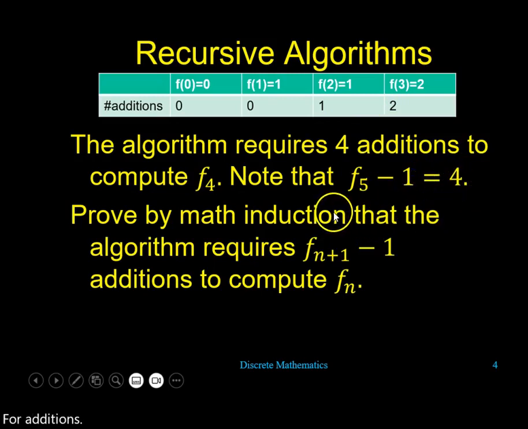But 4 is just F5 minus 1. F5 is 5, minus 1 is 4. So we can make this conjecture that computing the nth Fibonacci number Fn requires F(n+1) minus 1 additions.